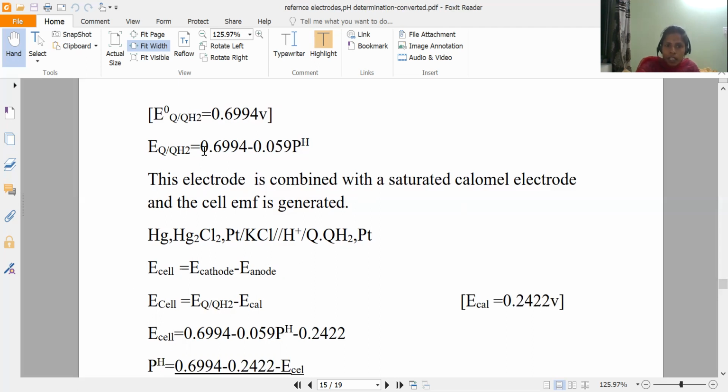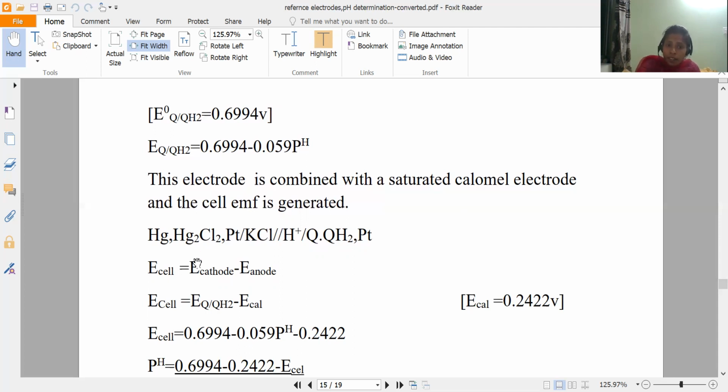E QQH2 means 0.6994 minus 0.059 pH. And we know E calomel also. E calomel is nothing but the calomel electrode potential. The calomel electrode is one of the reference electrodes. Already we know its electrode potential.